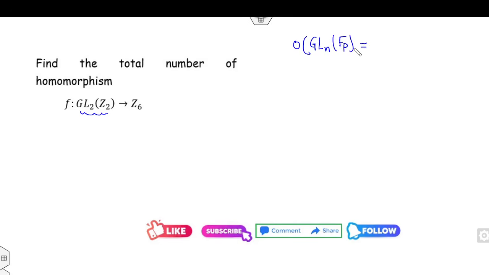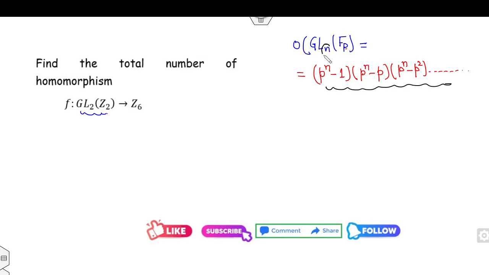That is the general linear group of matrices. So what is the answer of this? You can define this as (p^n minus 1), then (p^n minus p), then (p^n minus p^2) and so on. How many times have you written? This is n, so you have to write n number of times.